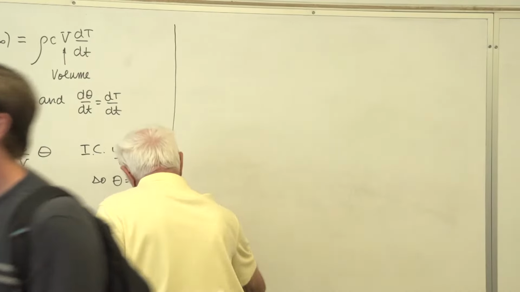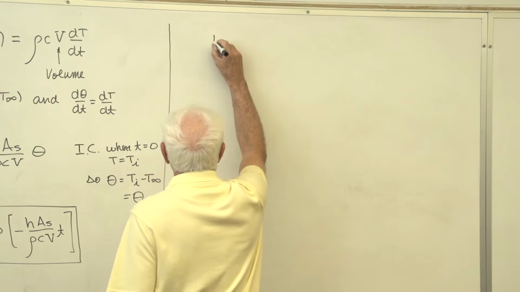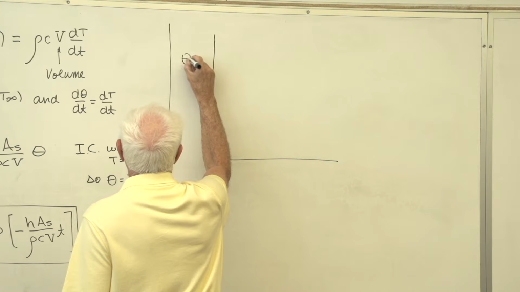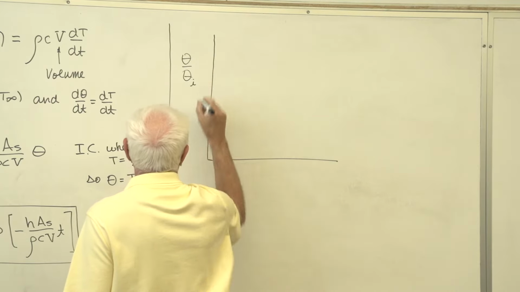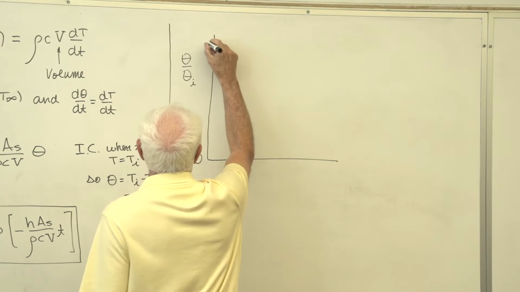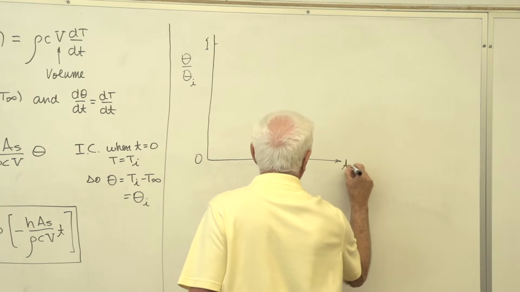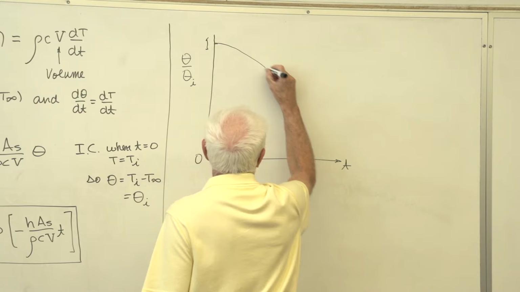And if we want, then we could plot a curve of theta over theta i from 0 to 1. And this is time. Start at 1.